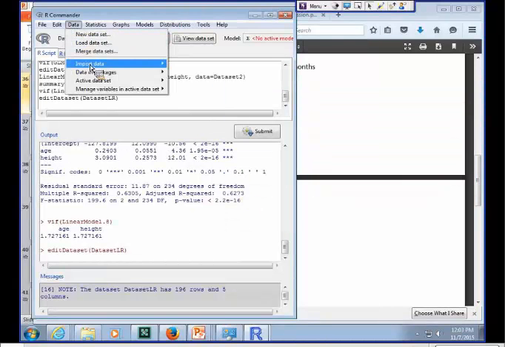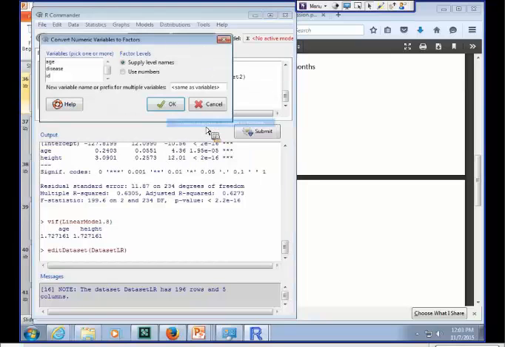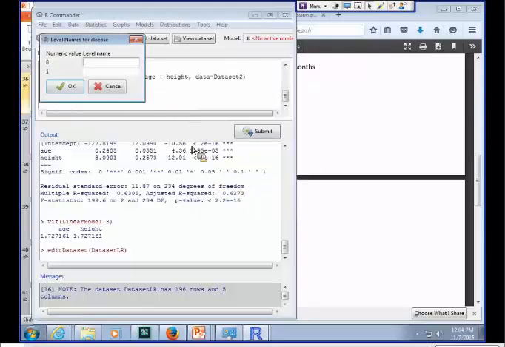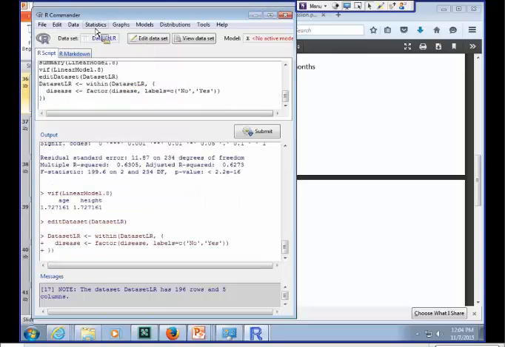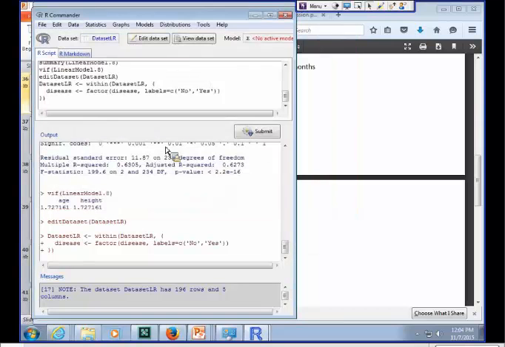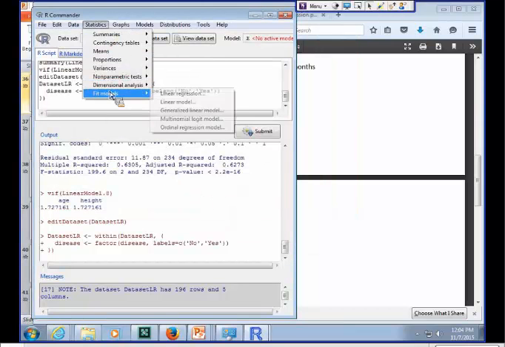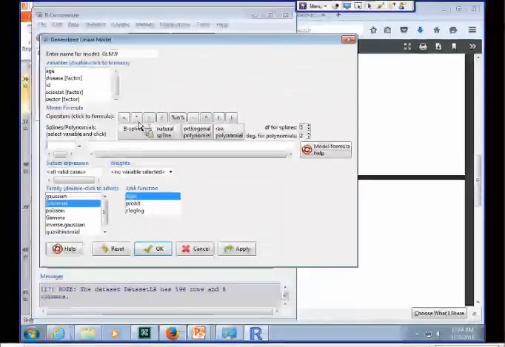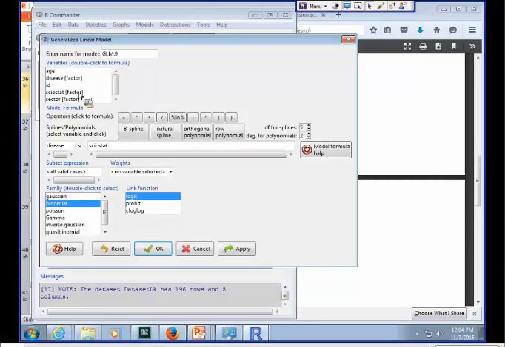Data, convert numeric variable to factor, disease status. 0 means no, 1 means yes. If I redo that, I can still run the model: Statistics, Fit Model, General Linear Model, and I pick the disease factor, put it in here, and then socioeconomic status, sectors, and age, whatever.